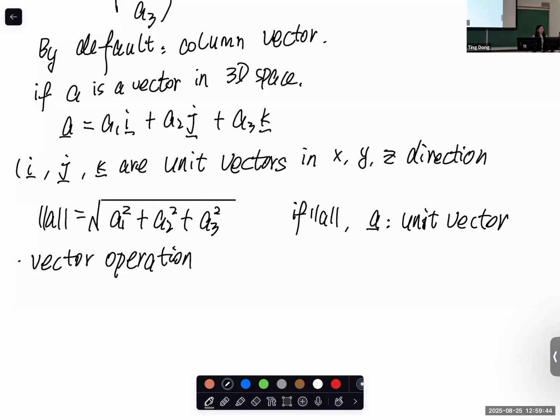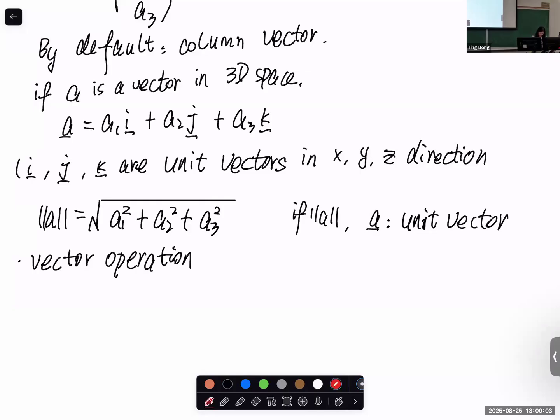Before we do the vector operation, we need to make sure that they are the same dimension. You cannot have a vector of two components with a vector of three components and try to add these two vectors. It cannot be done. It has to be a vector with n components and another vector with n components. Then you can do the operation.